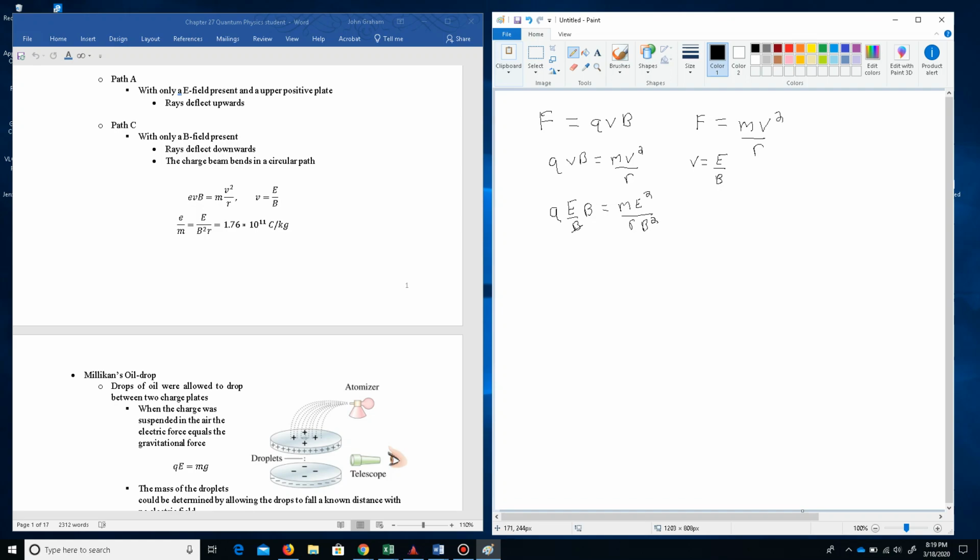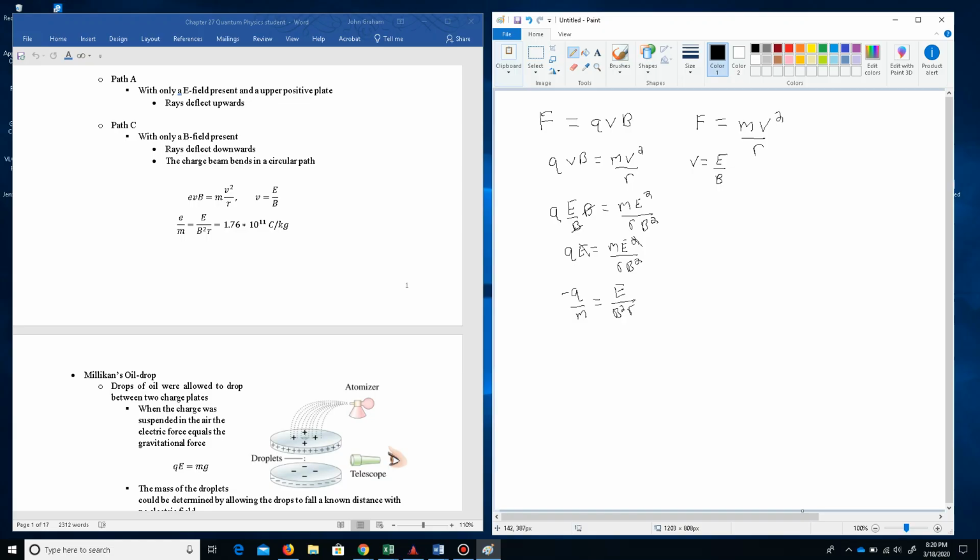And these B's cancel. So you have Q E equals M E squared over R B squared. Of course we can cancel these, and then divide the mass over. And so we have Q over M equals E over R B squared. I'm switching the order just to match up with that. So we have a charge over mass.